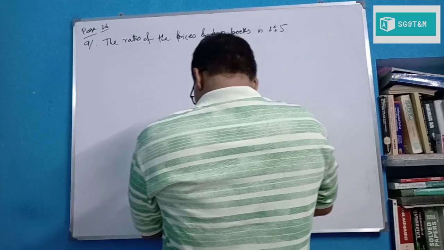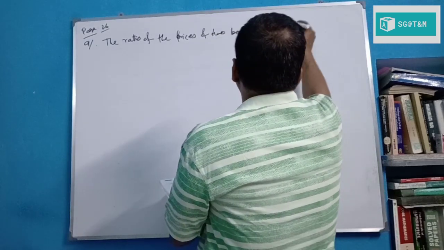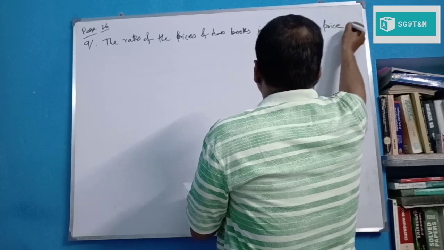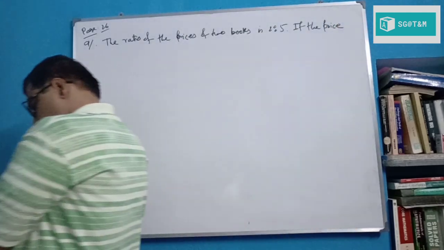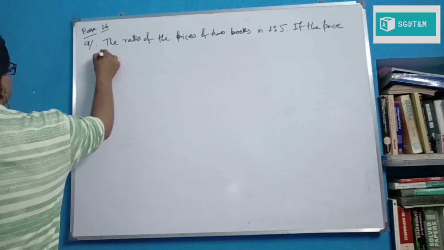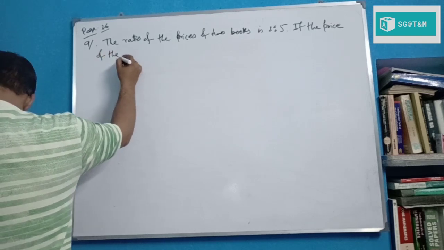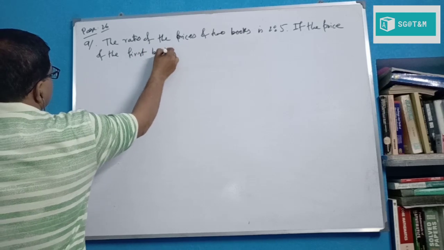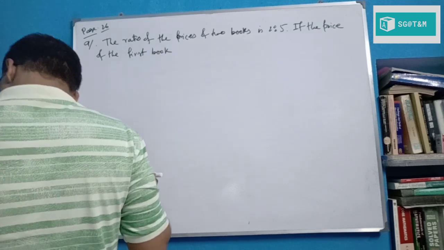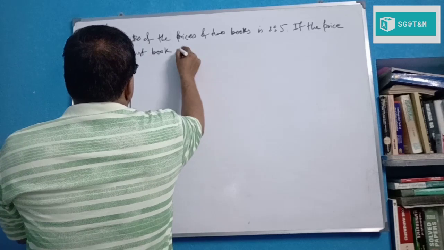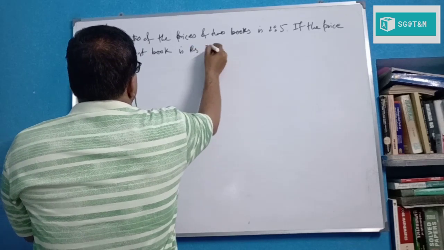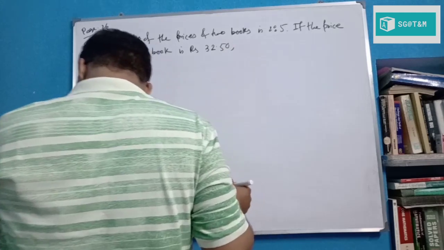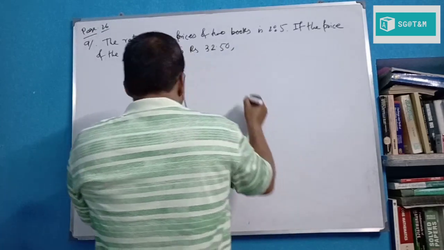If the price of the first book is rupees 32.50, let's find the price of the other book.